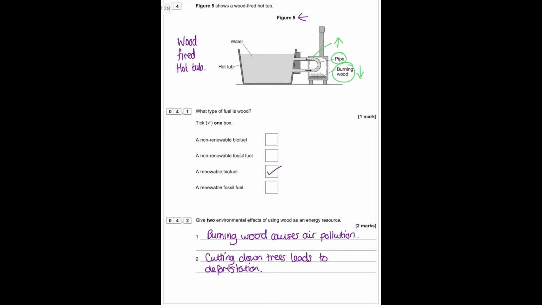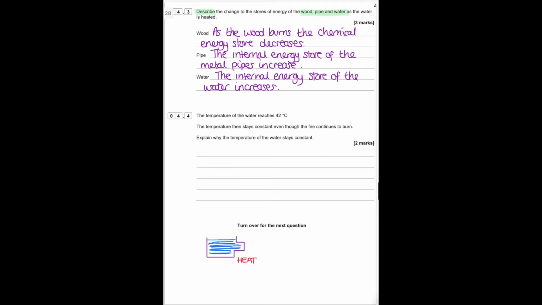And then that internal energy from the pipes is also going to increase the internal energy of the water as it heats it up. So as we said, as the wood burns, the chemical energy store decreases, the internal energy store of the metal pipes increases, which then in turn increases the internal energy store of the water.